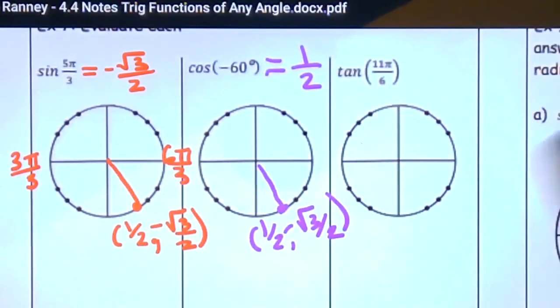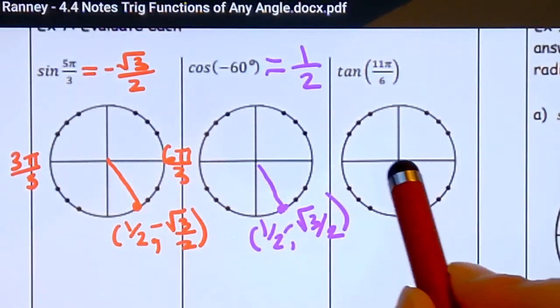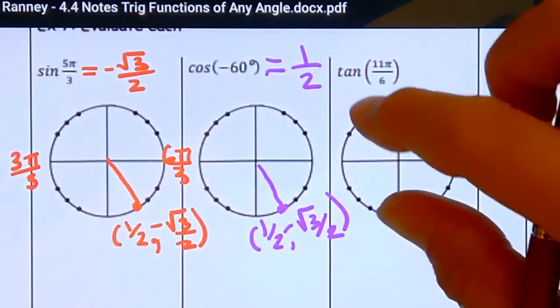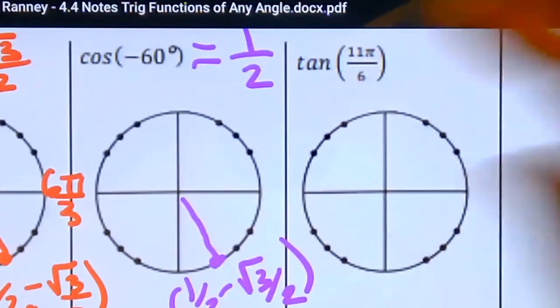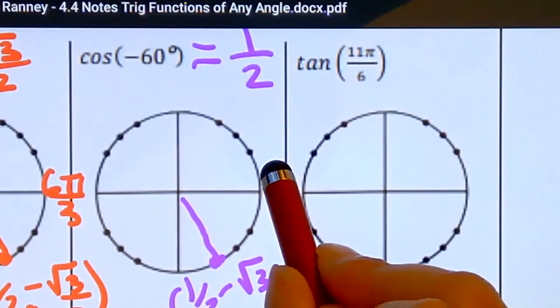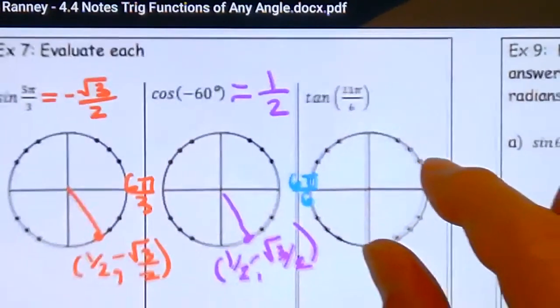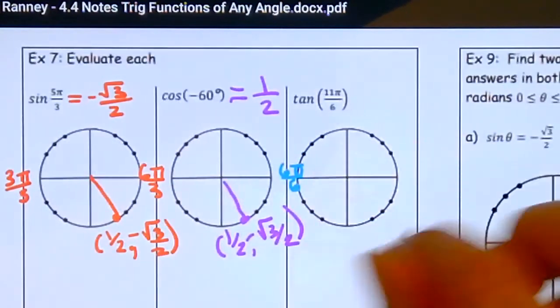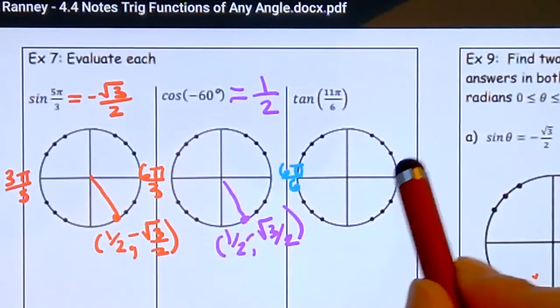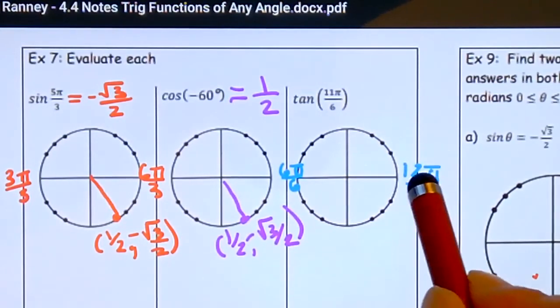Now, tangent of 11 pi 6. Okay, so if I'm doing 11 pi 6, I'm just going to zoom in here for a sec. This is pi, which would be 6 pi 6. And going all the way around the unit circle, this would be 12 pi 6.